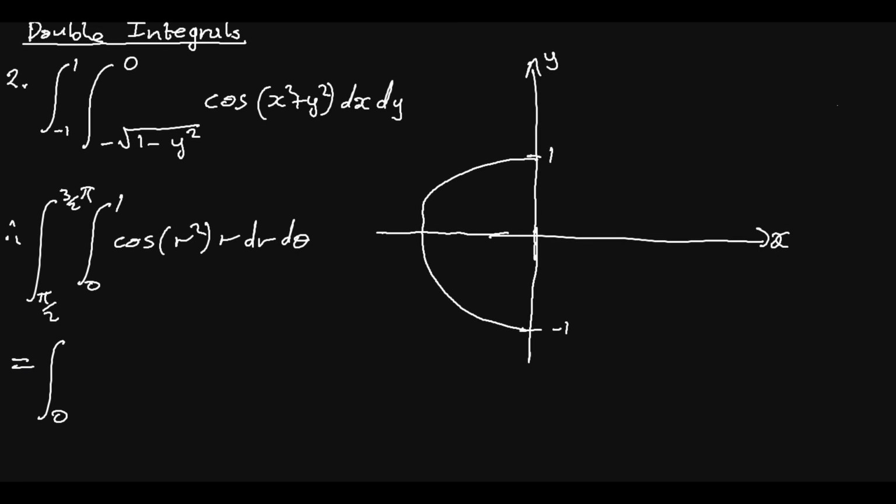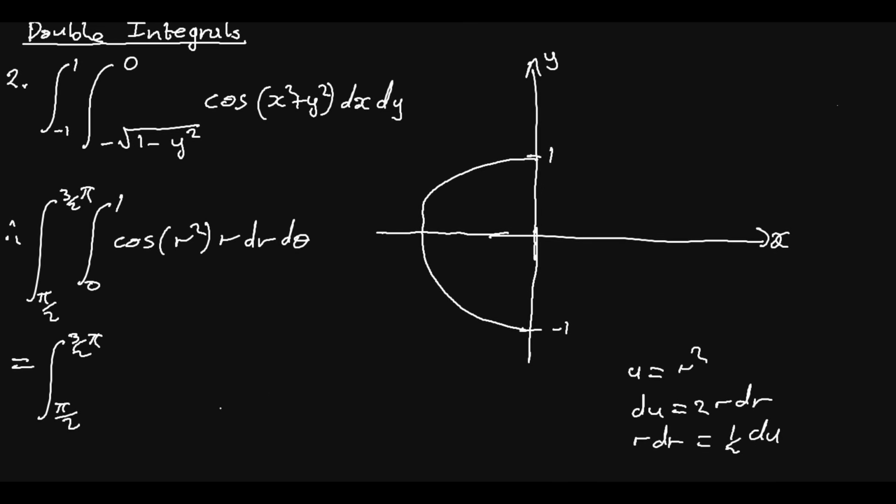So it's from pi over 2 to 3 over 2 pi. We have an r squared inside and the r outside. We can use u substitution there, where we let u equal r squared. This means du is equal to 2r dr. Therefore, r dr is equal to 1 over 2 du.